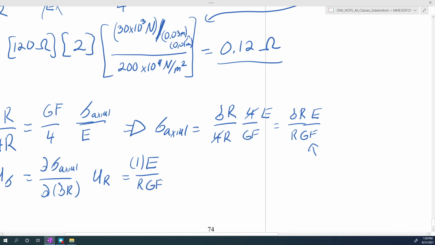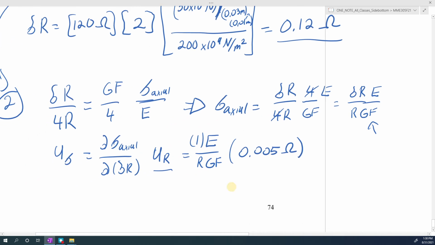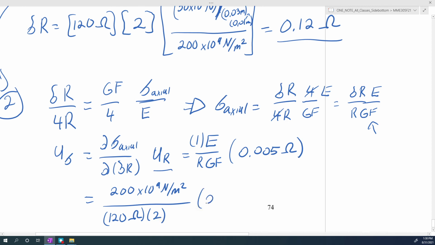Our uncertainty in resistance was given in the problem statement as 5 milliohms, so we're going to just leave it as 0.005 ohms. If we plug in all our terms and solve our equation, we get 200 times 10 to the 9th newtons per meter squared over the resistance, which was 120 ohms, times our gauge factor, which was 2, times our uncertainty in our resistance, which was 0.005 ohms.